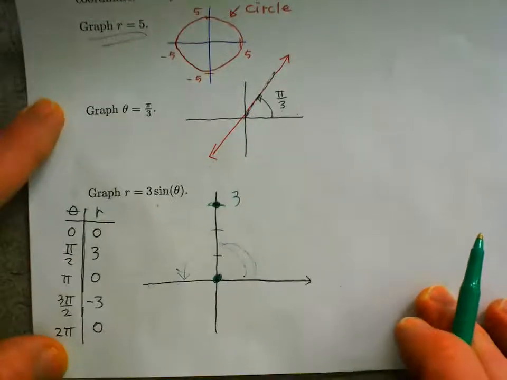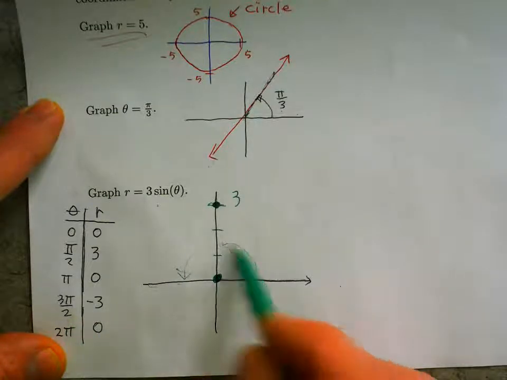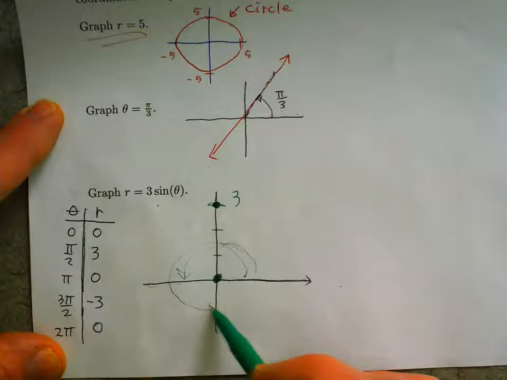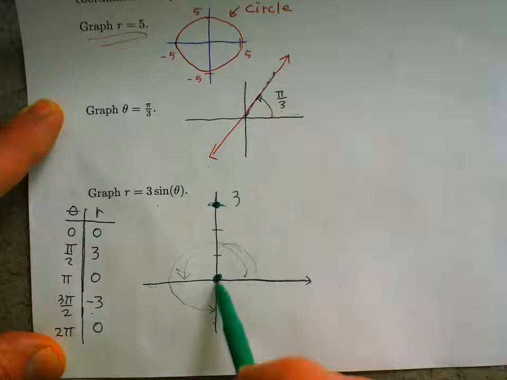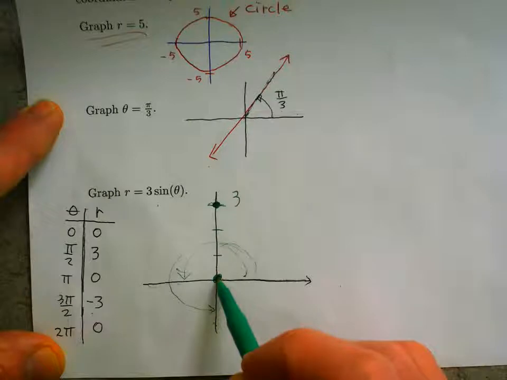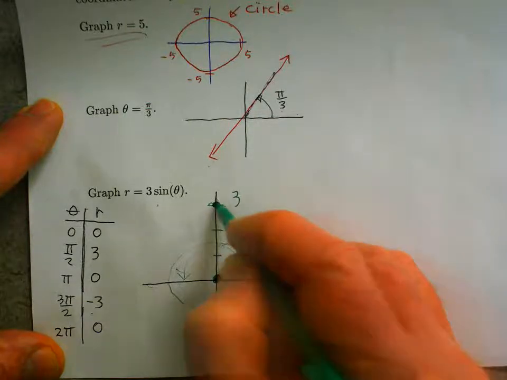Then the next theta value is 3 pi over 2. So 3 pi over 2 is 3/4 of a rotation. But since the r value is negative 3, we plot a point in the opposite direction, 3 units above the origin. So we're back at 3 again.